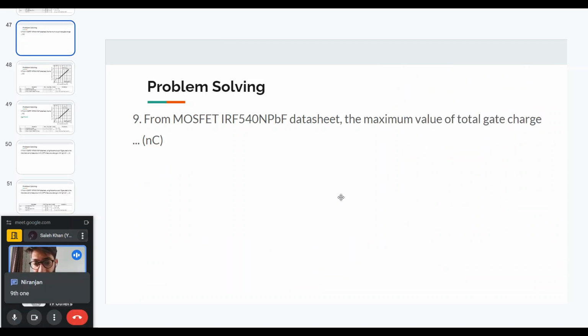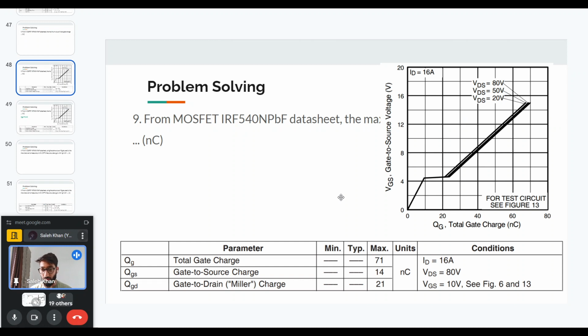Yeah, so the question is simply asking about the maximum value of the total gate charge. As we saw, while the switch is turning on or off, we have to first provide some charge for the CGS capacitance, and then some charge goes to the CGD capacitance, and then again back to the CGS capacitance, and the voltage rises.